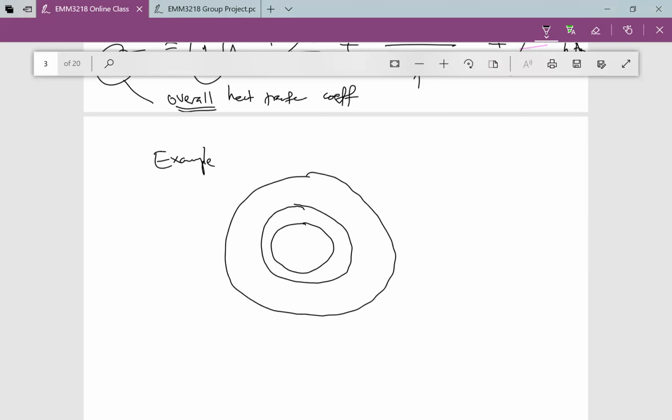So this H out is given, 10,000. And there are 1,000 of these tubes, so N is 1,000. And the tube K is given. So K of the tube is given.